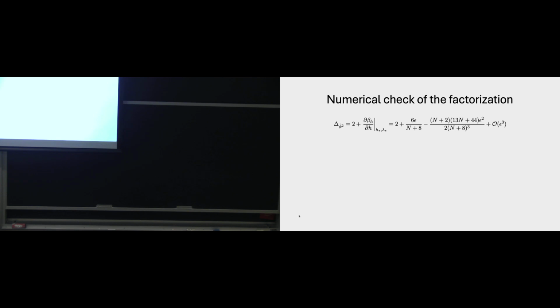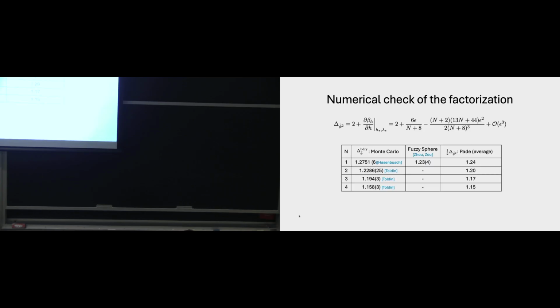From the beta function we can get the dimension of the phi square operator at the IR fixed point of the defect. And here is the epsilon expansion we got, and then we can do Padé.